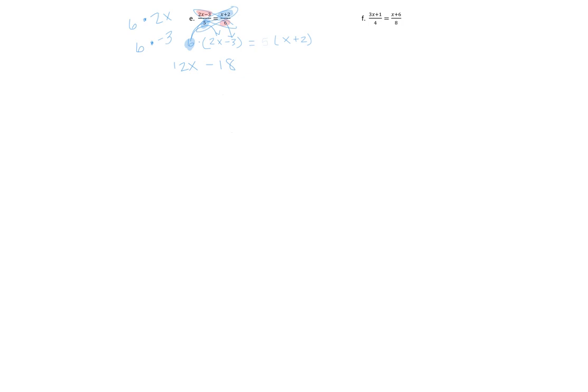All right, so the first part, I distributed this 6. This 6 was multiplied with 2x, and it's multiplied with negative 3. And this is how I get that first chunk. Let's get going with the next part. Equals, and then same thing.